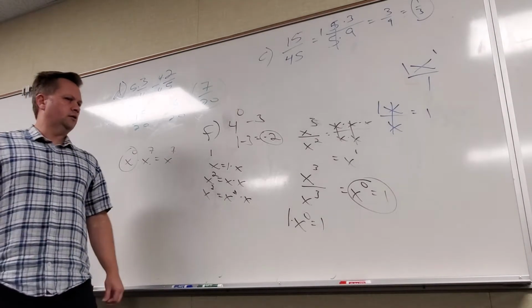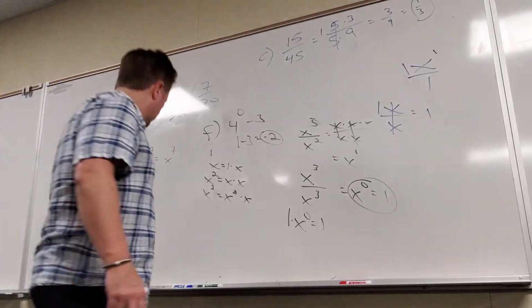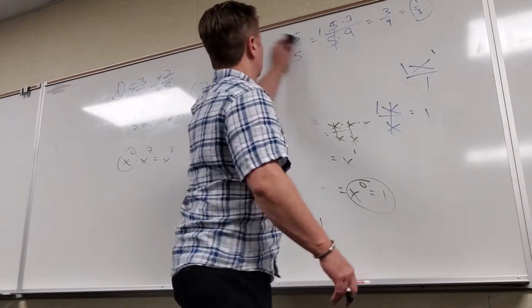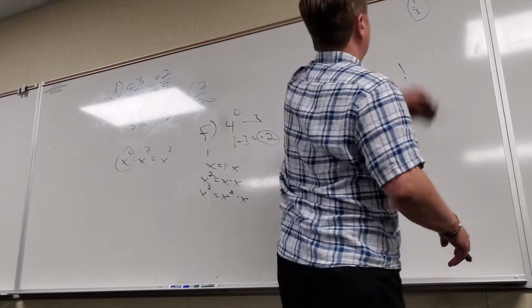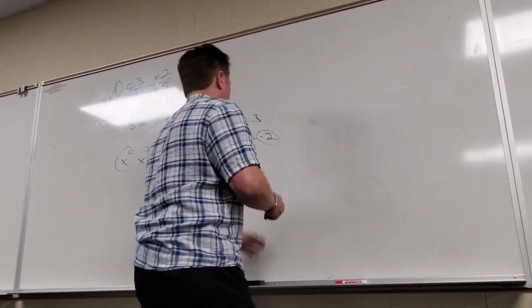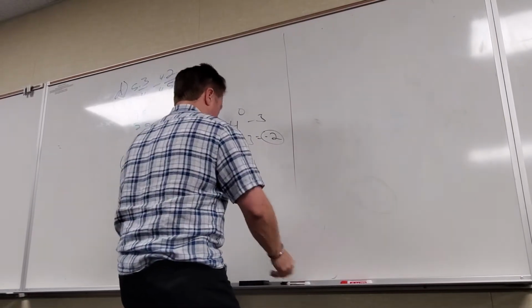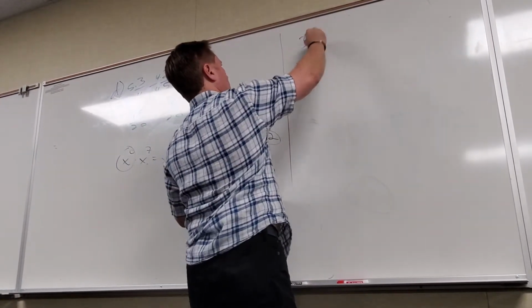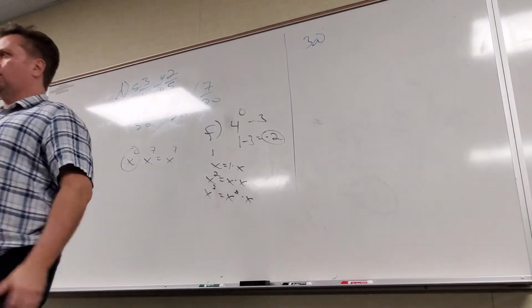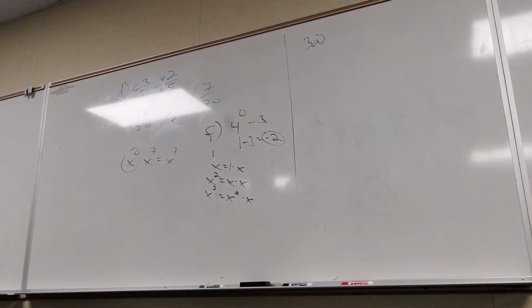Okay. All right. So the last couple here. Number 3. So now we've got the real thing about math. We should all know by now that math is a foreign language. So there's a lot of translation issues.